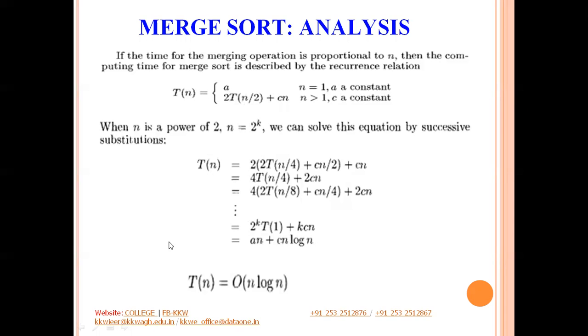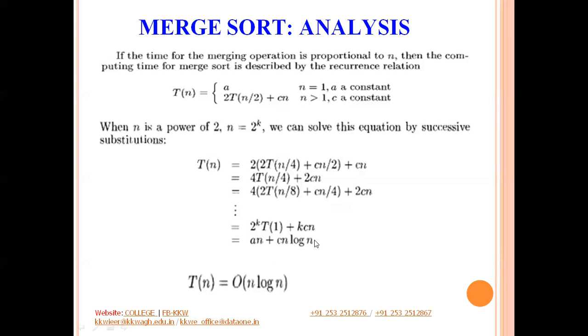Okay, so you can see here, if this is the equation that we get after solving, then there are two terms in this. One is a n, another is C of n into log n. So the dominant term is the second term. In the second term itself, C is a constant. If you just ignore this constant, because it will not contribute much to the complexity, whatever is the remaining portion is n into log n.